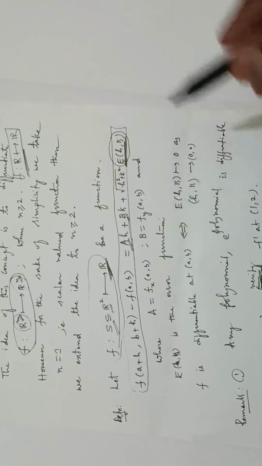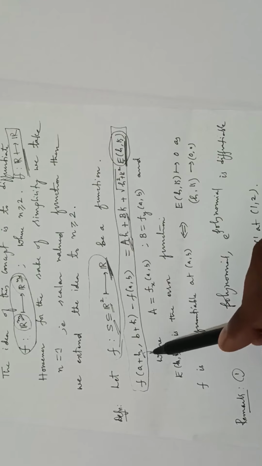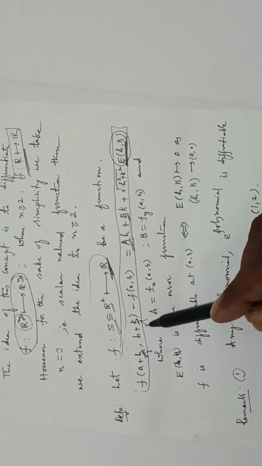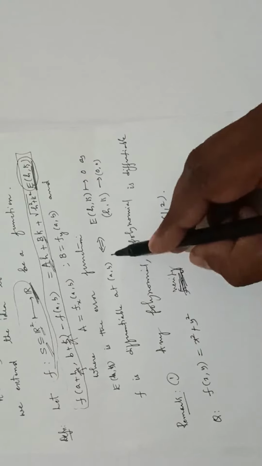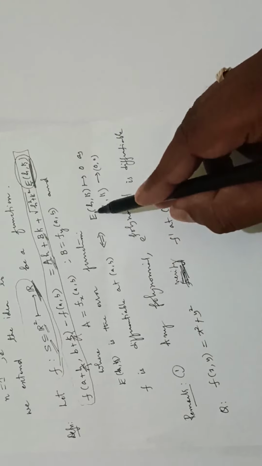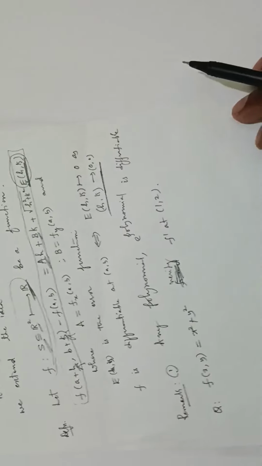If that happens, we say that f is differentiable at this point a comma b, where h and k are small step sizes, h a small change in x and k a small change in y. Idea is clear? Once we solve a few problems, we can understand what exactly this is. So f is differentiable at a comma b if and only if that error function tends to 0 as h comma k tends to 0 comma 0.